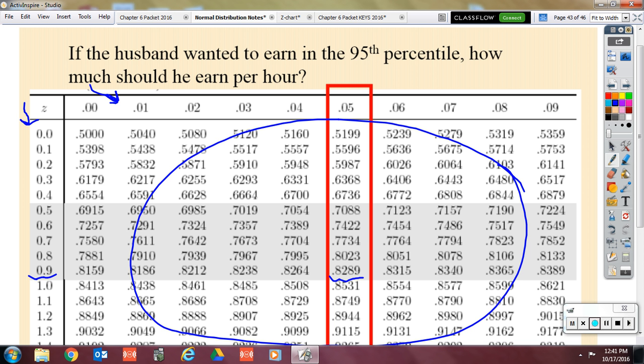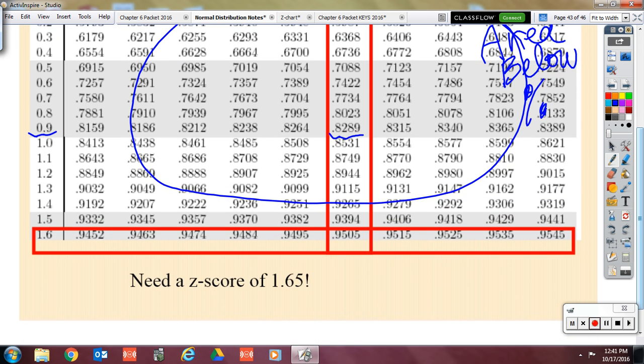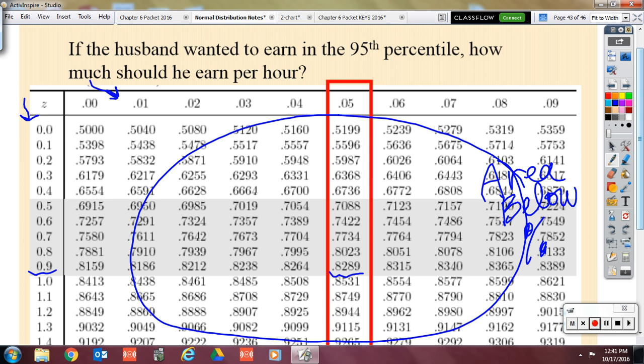0.95 in the middle in this section, because this is the area below. All of these are the area below, so these are the percentiles. So I'm going to come down here and I'm going to find the closest one to 95%, and that's right here. There's actually another one that's on the other side of it, but I'll let you go either way. So here, the z-score then that corresponds is 1.65.